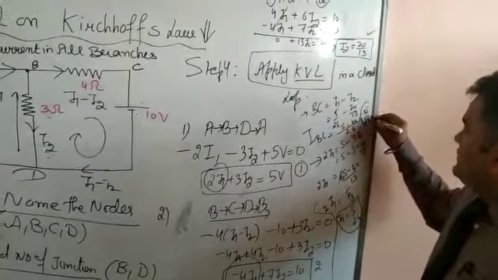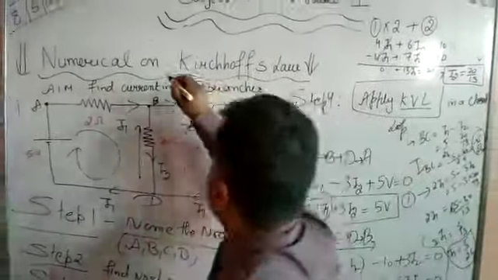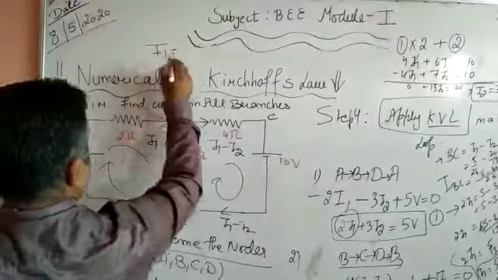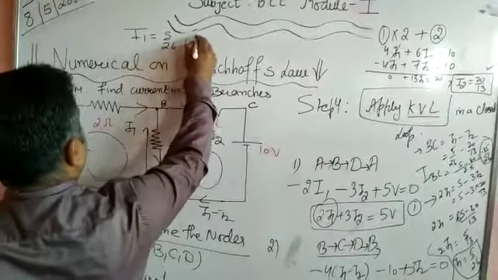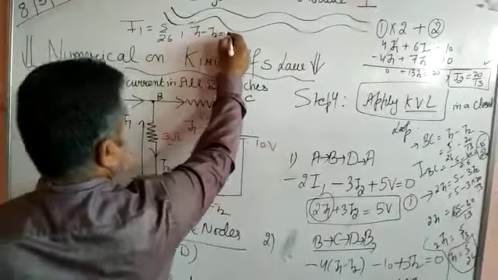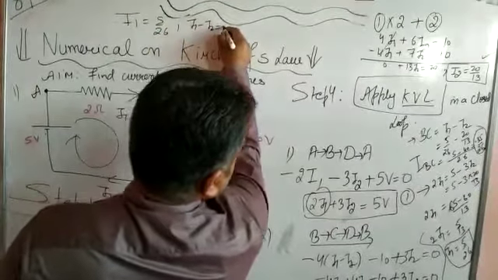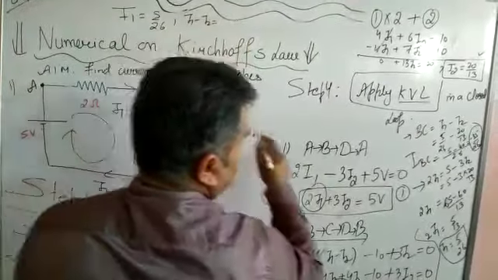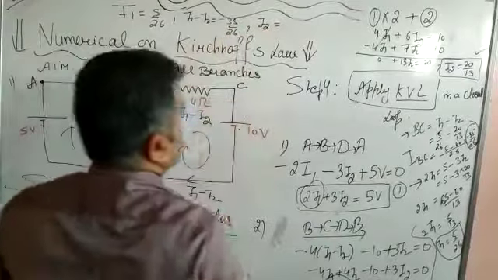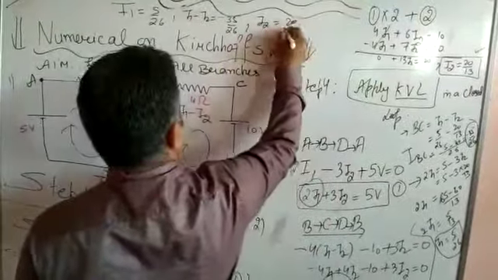Now this is the answer. Now we have achieved three aims. What is I1? That is 5 by 26. I1 minus I2, that is minus 35 by 26, and I2, that is 20 by 13.